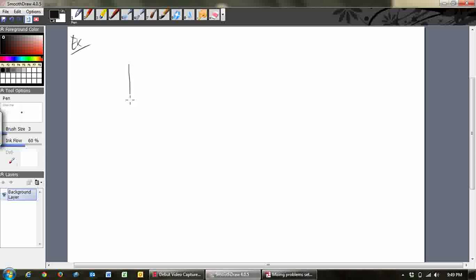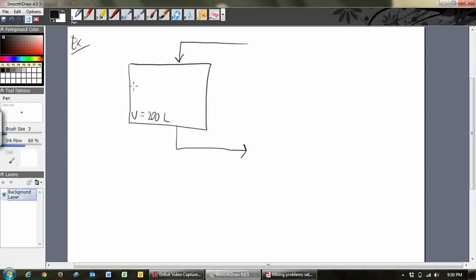Okay, so let's say we have a tank, and this is how I always draw them. We've got stuff coming in and stuff going out. Let's say the volume initially in here is 200 litres. There's 200 litres of water in here, and let's say that Q is the grams of, let's say, salt, because they're always about salt. Q is the grams of salt mixed into here.